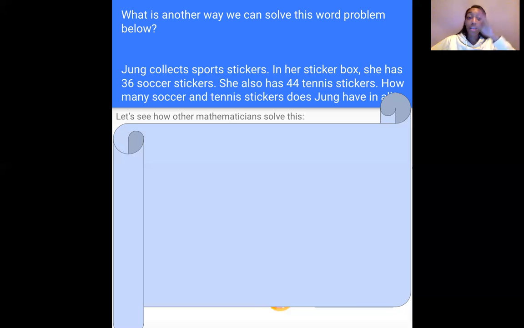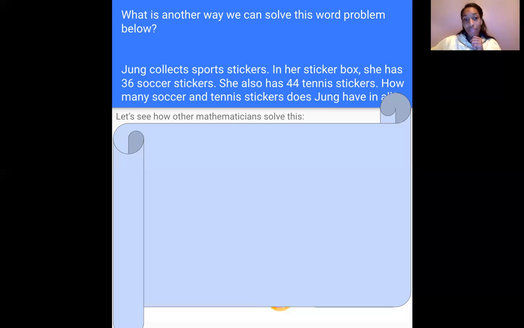Maybe you'll use adding up by place value, adding up in chunks. What will you use to solve this? We already know that it's an addition problem because they're looking for how many in all, which means the total amount is what we're looking for. Okay, they told me I have 36 and 44.